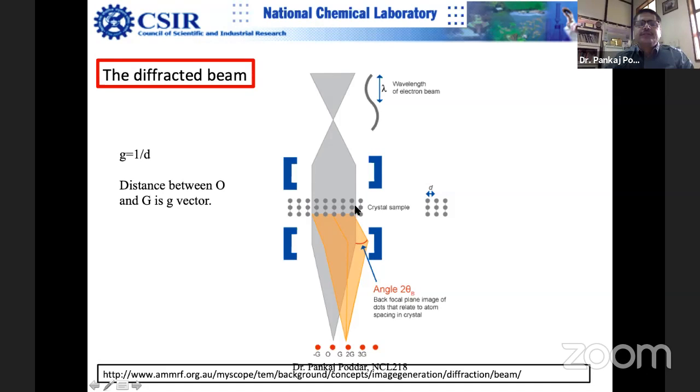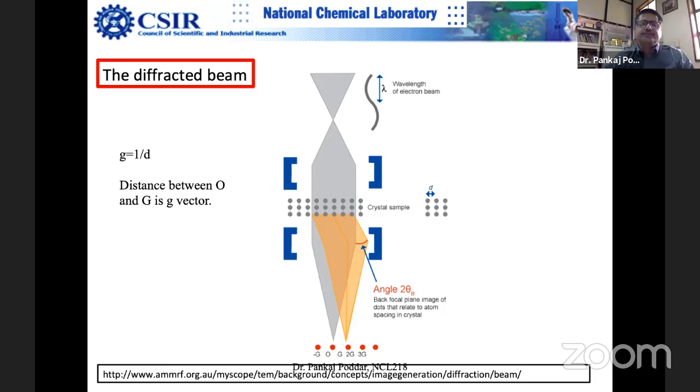These are crystalline planes of your sample. Spacing is d, and this is lambda, the wavelength of the electron beam. This is your illumination zone, and this is your imaging zone. So you can see that the undiffracted beam, or 0,0 beam, focuses here, right? This will become the central bright spot in your electron diffraction.